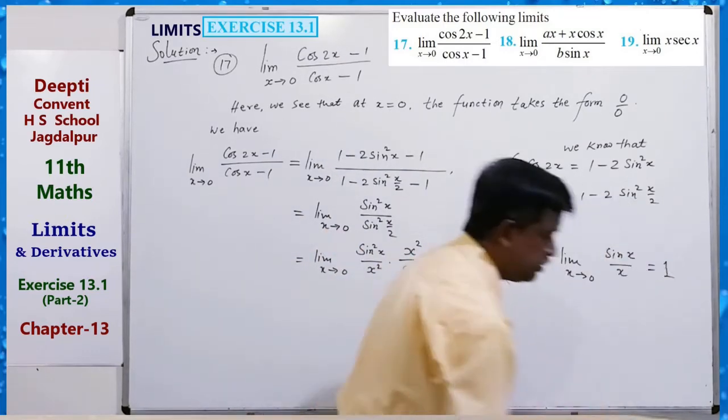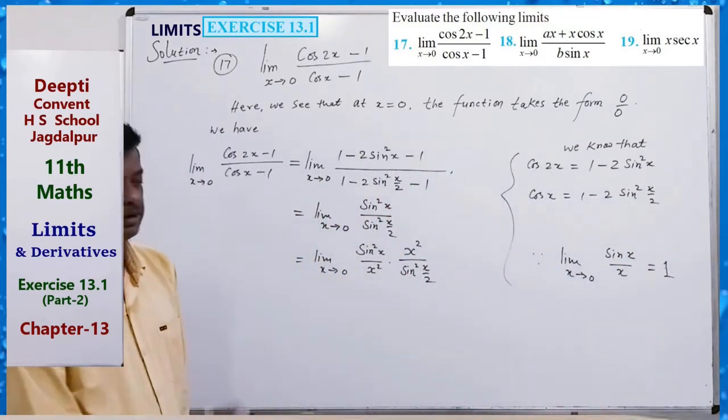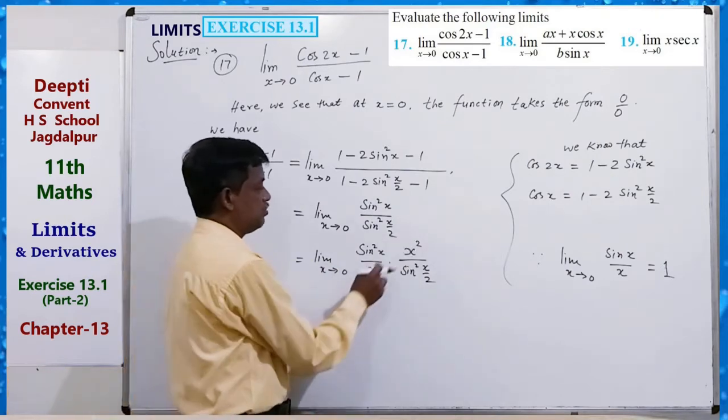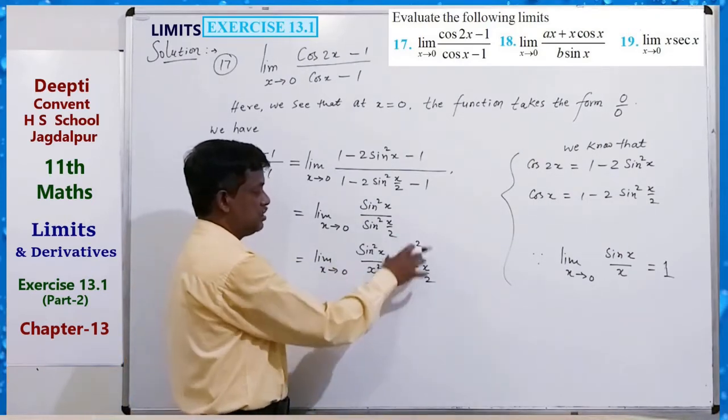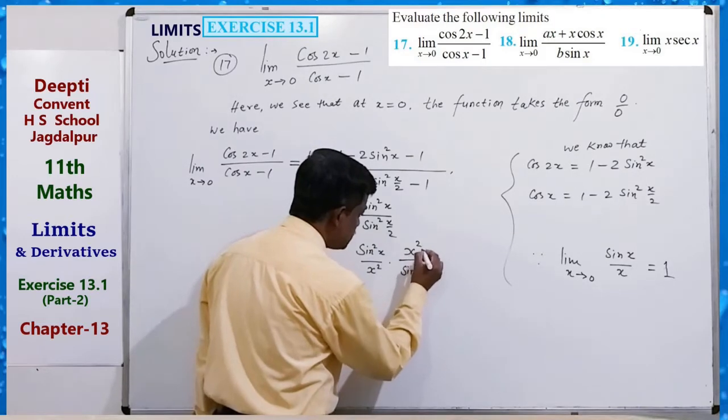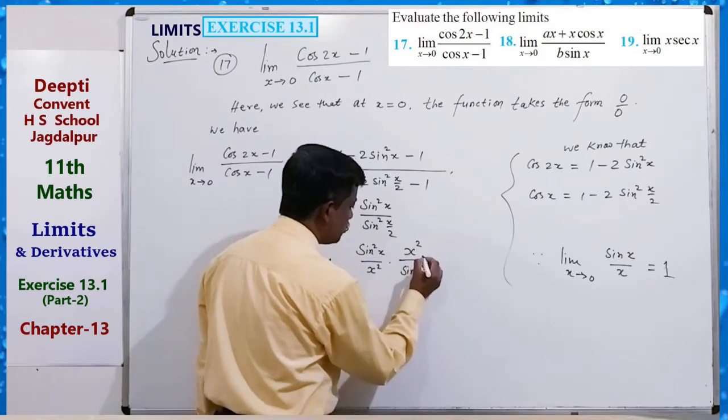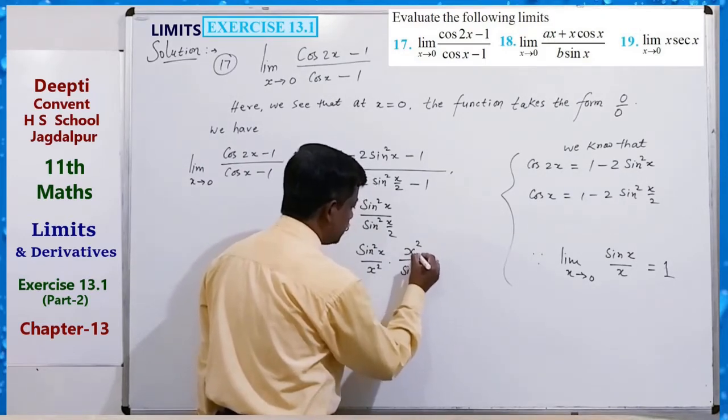Just what we are doing is multiplying x square in the numerator and denominator. This is one combination, and this is by 2.